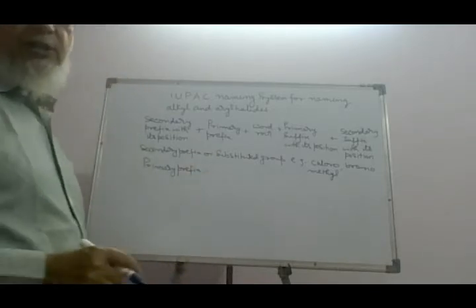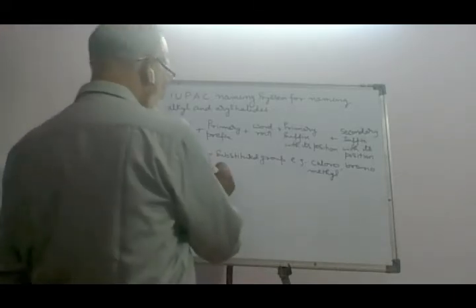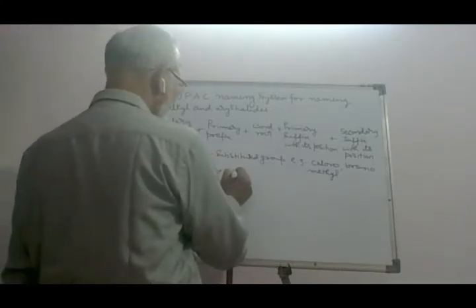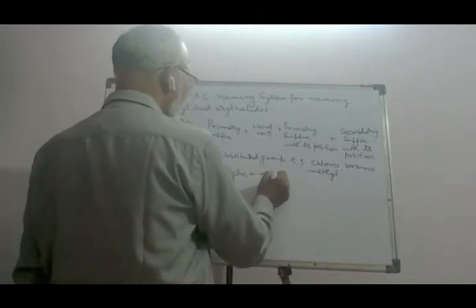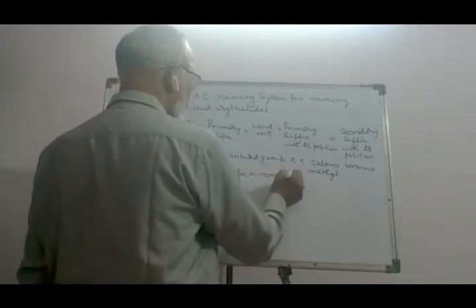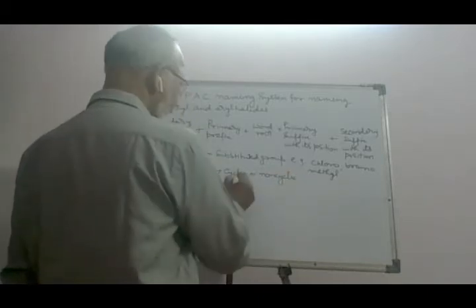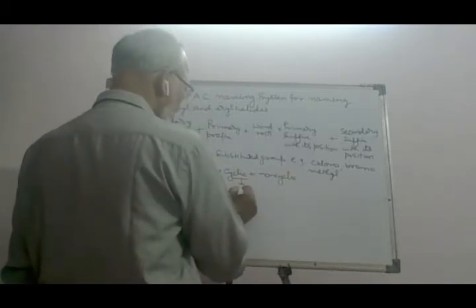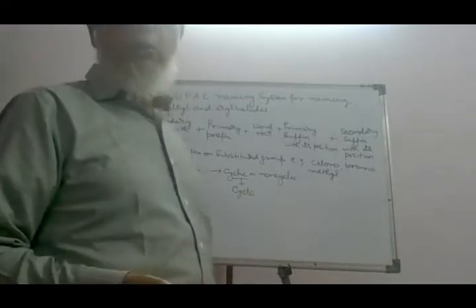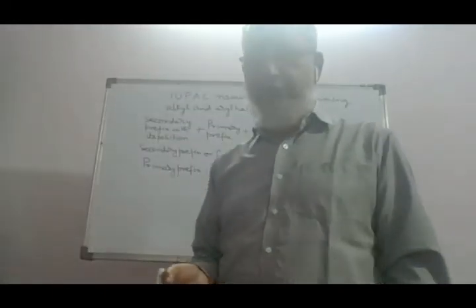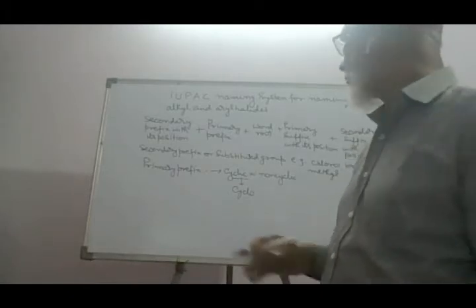Primary prefix indicates whether the compound is cyclic or non-cyclic in nature. If it is cyclic, then we use the term cyclo, and if it is non-cyclic, then no term is required. That is, this portion will be deleted in that case.